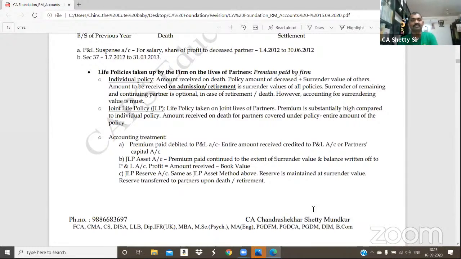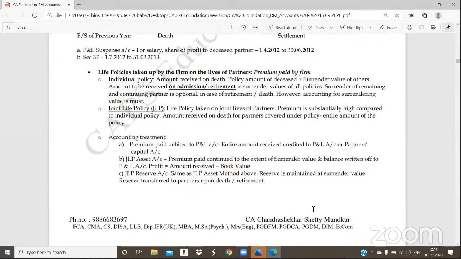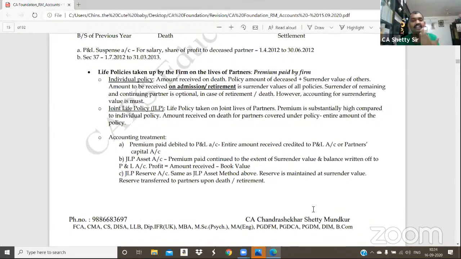Continue. What amount received on death for partners covered under policy? Entire amount of the policy. Yeah. So now the next point is, how do you treat the life policies? Simple one. If premium paid is debited to P&L account, amount received is credited to P&L account.